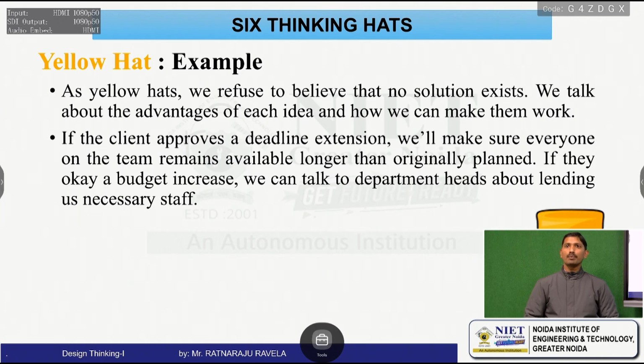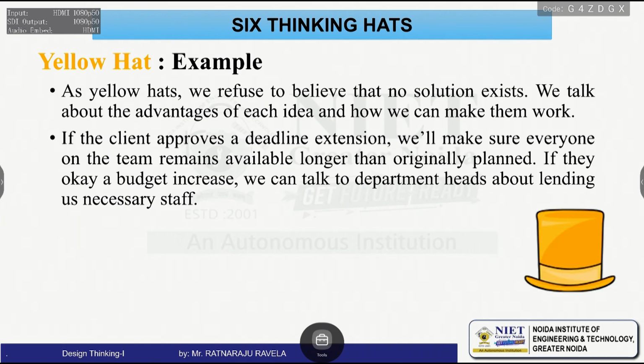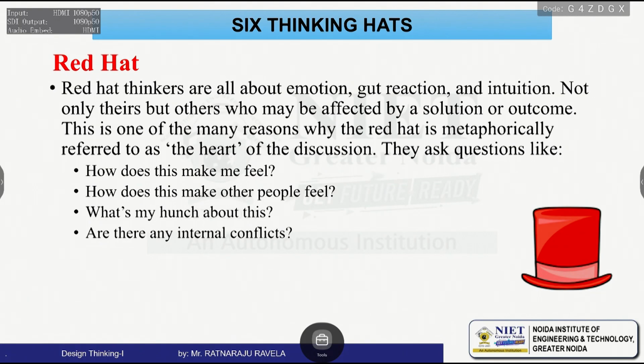If the client approves a deadline extension, we will make sure everyone on the team remains available longer than originally planned. If they approve the budget increase, we can talk to department heads about finding the necessary staff. This is how we go in a positive way to meet the requirements of the client. Next one is the red hat.